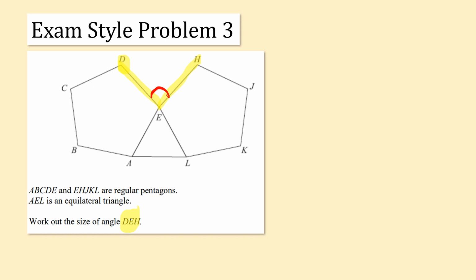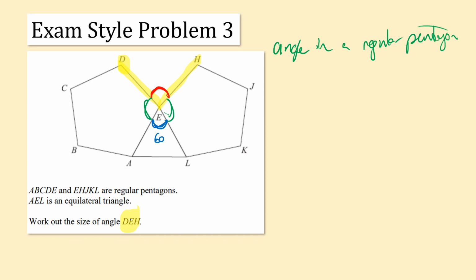I know the angle inside the equilateral triangle. It's an equilateral triangle, so it's 60 degrees there. And I know that these two angles, let's draw them in green, the two angles in the pentagons are the same because they're both the interior angle of a regular pentagon. So let's find the angle in a regular pentagon.